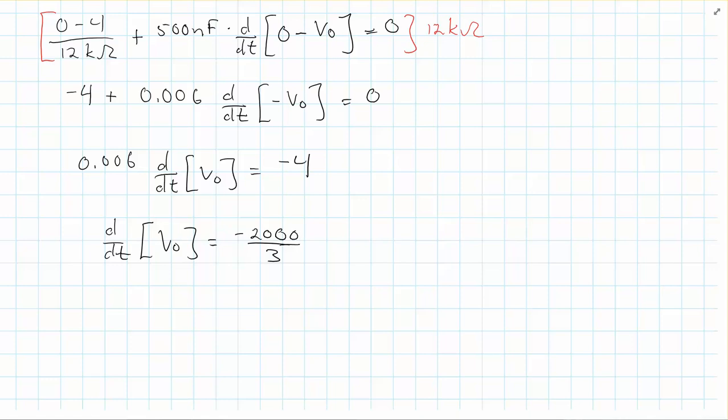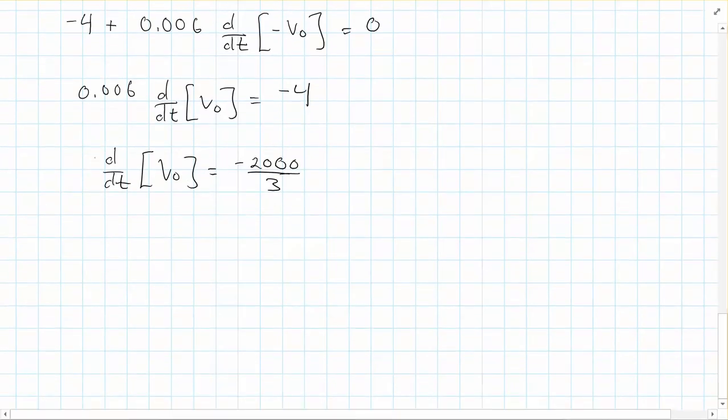Now, this is where we have to be a little bit careful. This is going back to Calc 2 or introductory differential equations. But really, this is Calc 2 because we're doing an indefinite integral here. So I'm going to integrate both sides. Or you could look at this as a separable differential equation. However you want to look at this. So we wind up on the left-hand side with V out.